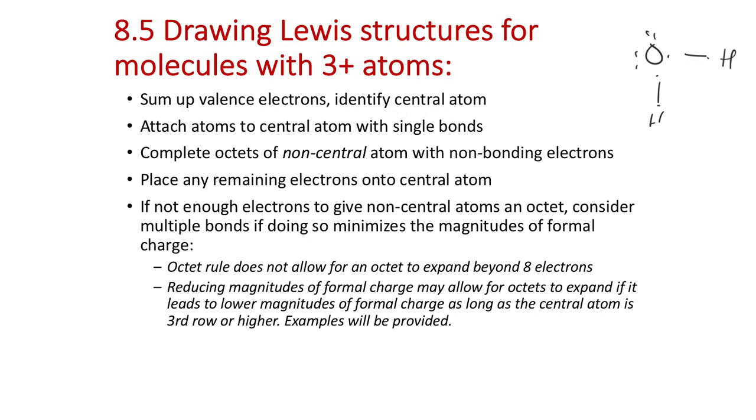The central atom is usually the thing written first, like PO4 3-, phosphorus is the central atom. So CCl4, carbon's the central atom. So the central atom is usually pretty easy to identify. The book mentions the central atom is often the less electronegative atom, but it's usually the atom we write first. So when we're writing SF4, sulfur is the central atom because we wrote it first. So usually we're writing that atom that's central first.